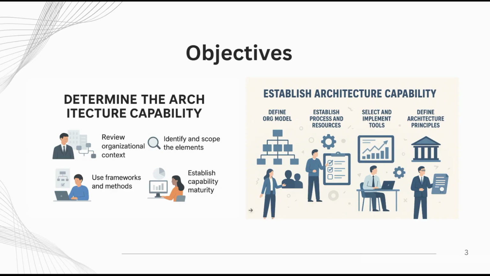Then we will work towards defining the org model suitable for the target architecture. We will establish processes and resources according to the target architecture. We'll select the tools and implement them according to the target architecture. And defining the architecture principles on which the organization has to run is also done.